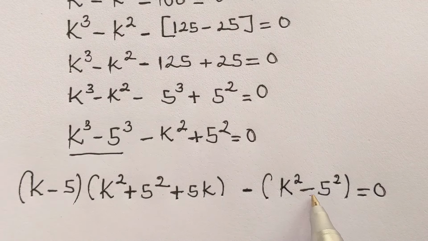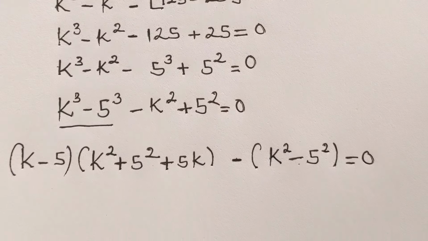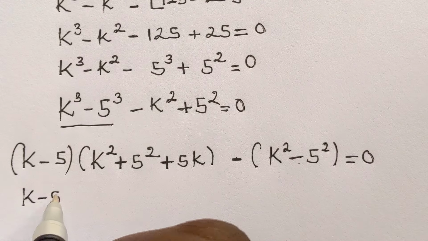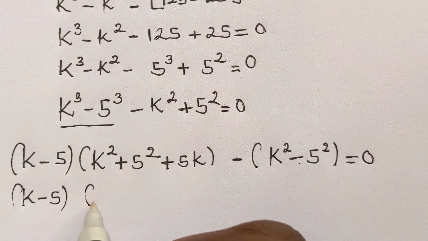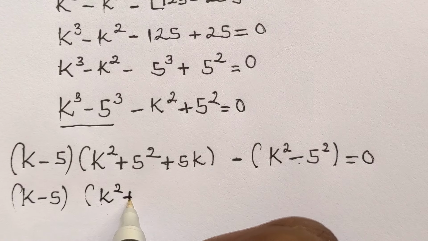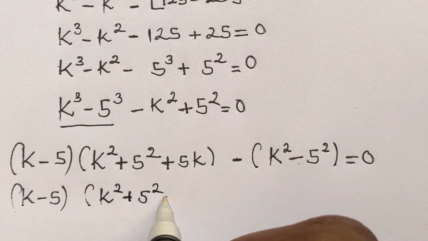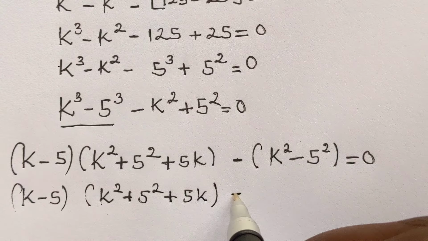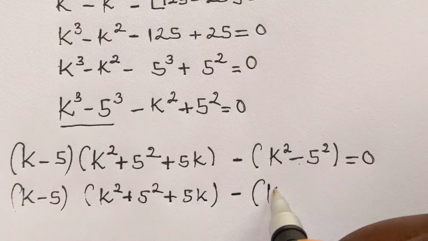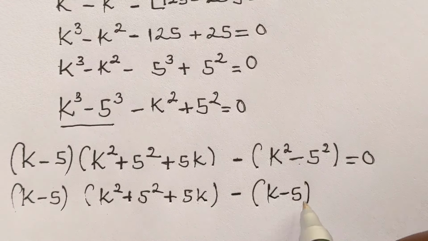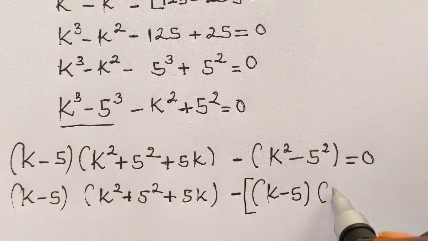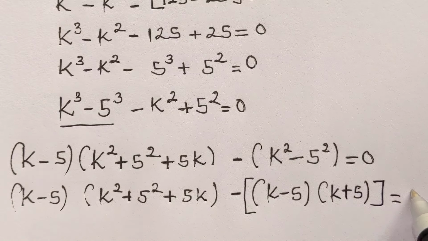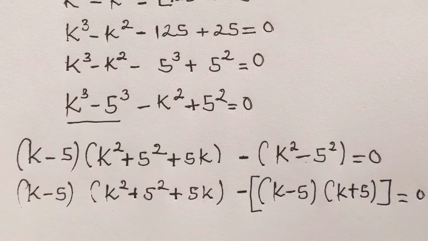Since this is a difference of two squares, we shall get here k minus 5 times k squared plus 5 squared plus 5k, then minus k minus 5 and k plus 5, which equals 0.